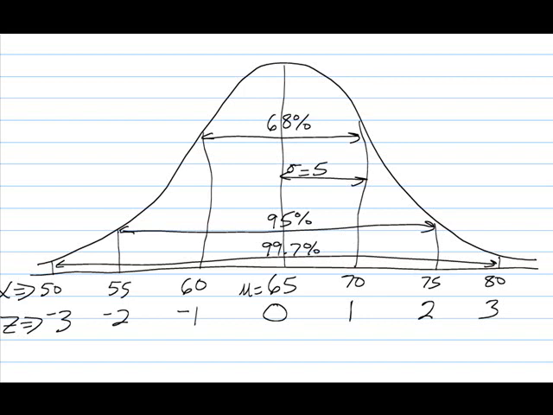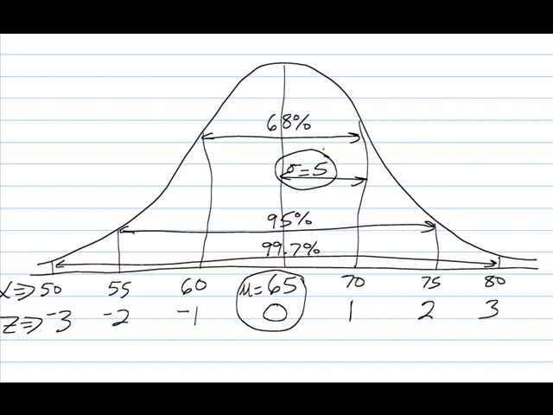So notice what we've basically done here. By changing my x values into z values, I've changed this normal distribution with a mean of 65. Notice in this case my mean is 65. I've changed that mean for the z values into a mean of 0. I've also changed this standard deviation of 5.